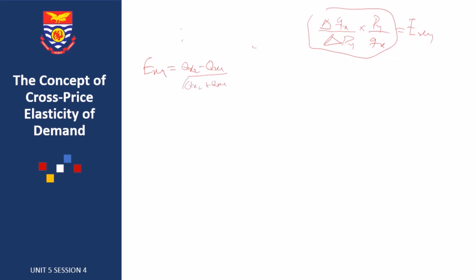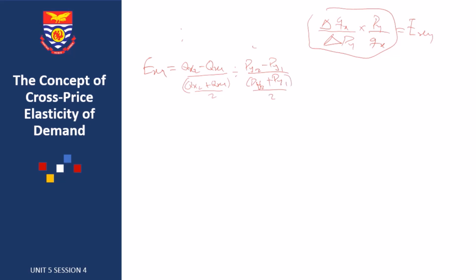QX1. This will be divided by 2. Now we'll do the same for the price, so PY2 minus PY1 all over PY2 plus PY1 over 2.